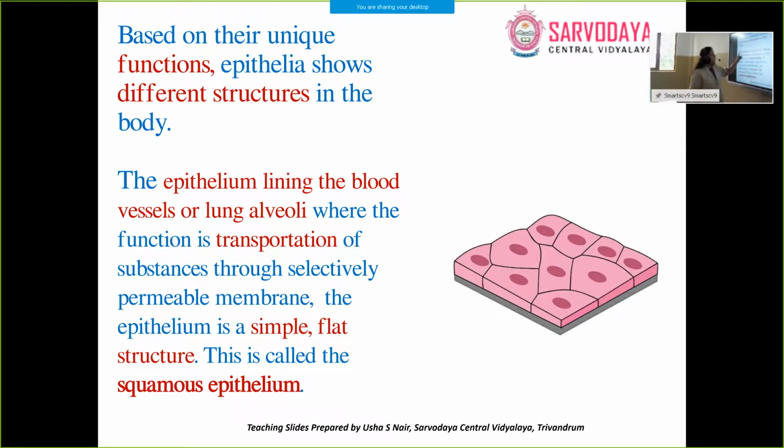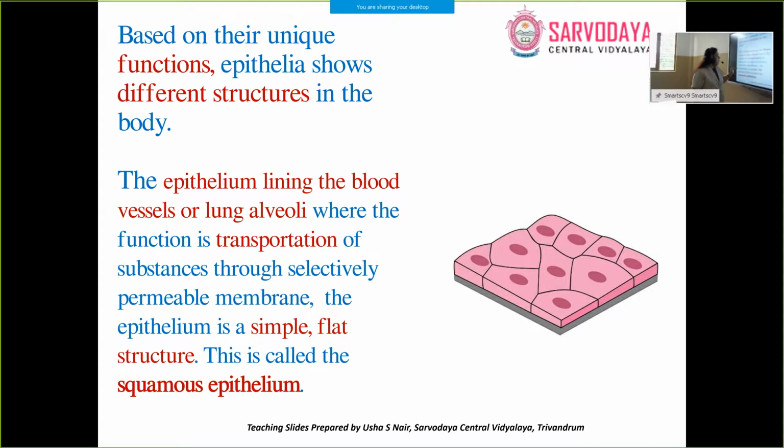Here, the epithelial lining of the blood vessels or lung alveoli has the function of transportation of substances through a selectively permeable membrane. Naturally, where blood vessels are there, the transportation happens, and in the lung alveoli also, transportation of substances through a selectively permeable membrane does happen.